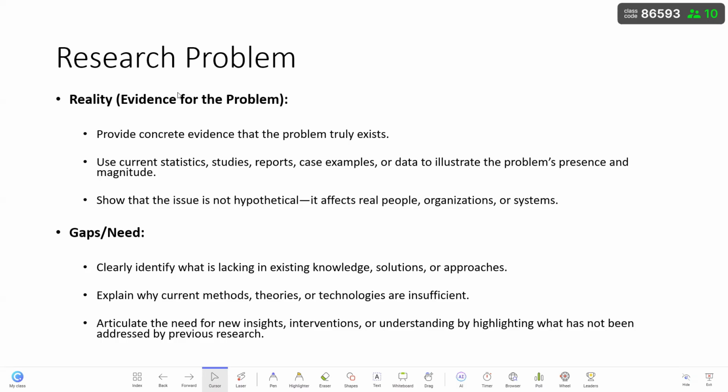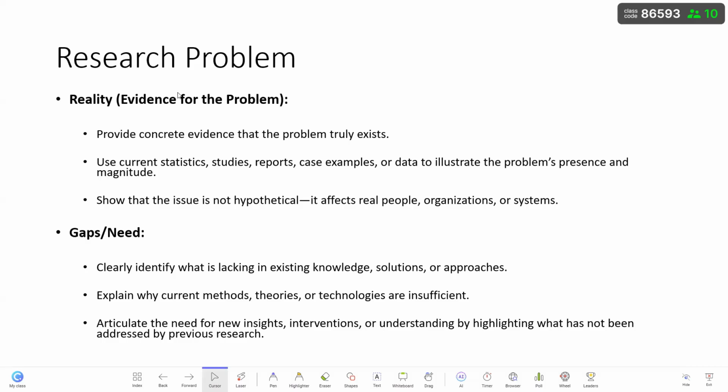You need to emphasize the gravity of the problem with strong evidence, right? Provide concrete evidence that the problem truly exists. Please note that this is really important. Rather than just saying it, you need to provide strong evidence for the gravity, the magnitude of the problem.